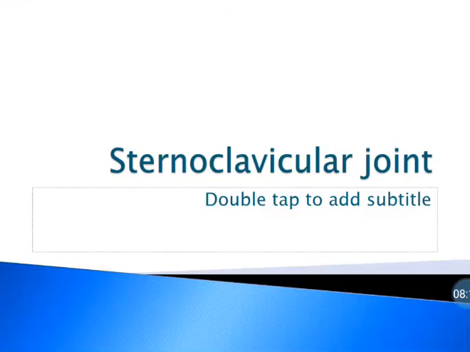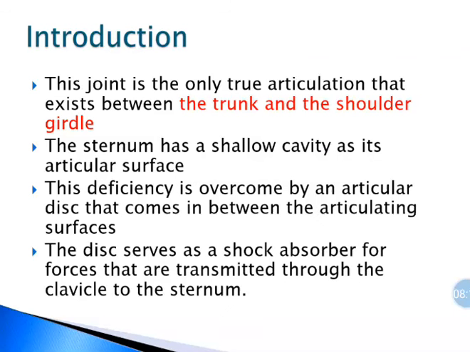Then we come to sternoclavicular joint. This joint is the only true articulation that exists between the trunk and the shoulder girdle. The shoulder girdle is made up of clavicle and the scapula. The sternum, which is an articular surface, has a shallow cavity.